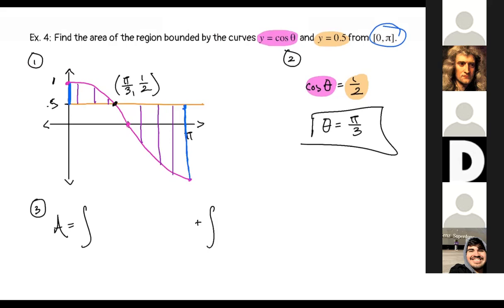I could do the integral from 0 to pi over 3 and then pi over 3 to pi. Good. So 0 to pi over 3 and pi over 3 to pi.